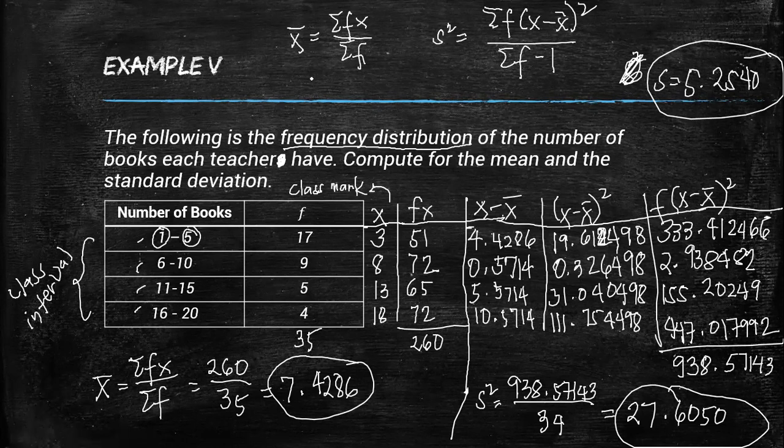Tanong pala ako. Yes po. Kasi sir, putol po yung internet. Saan po galing yung class mark? Yung class mark is simply adding the lowest score and the highest score in our class interval. Dito sa range. Divided by 2. So, kunwari, 1 plus 5, kasi ito yung dulo, di ba, na scores? 1 plus 5, 6.